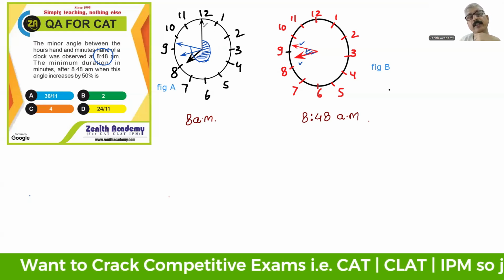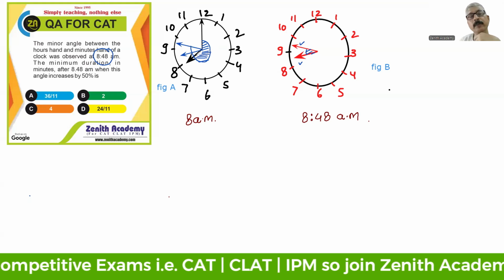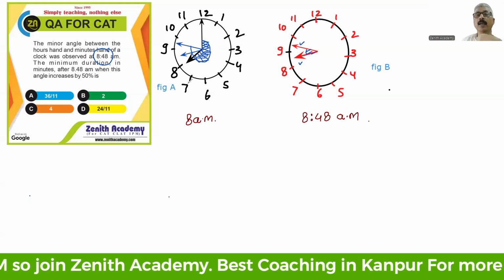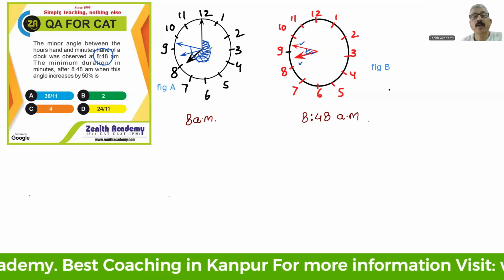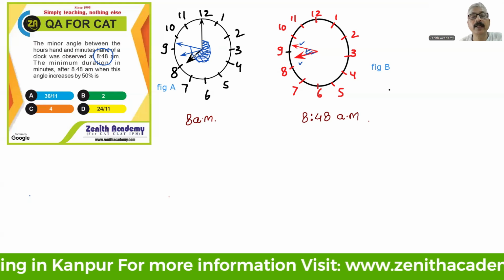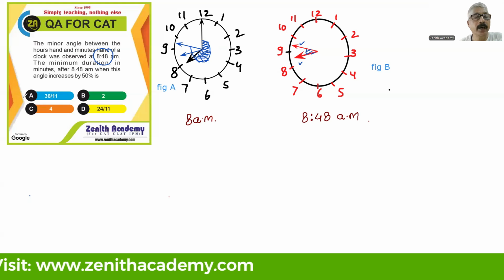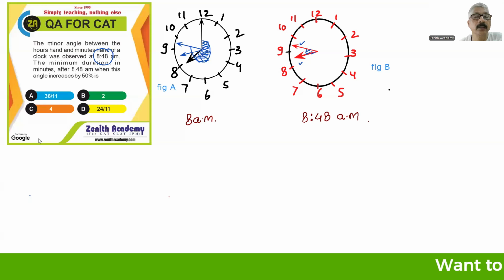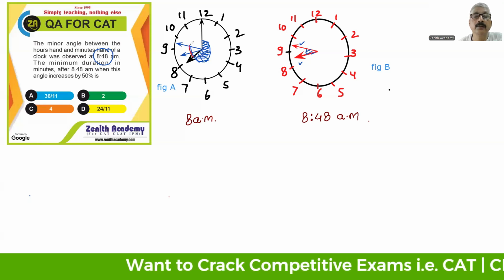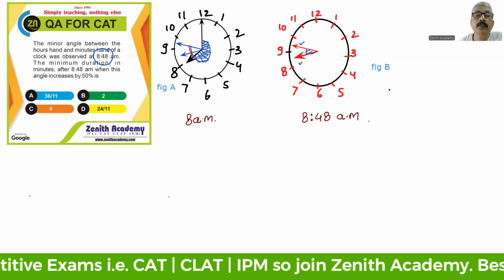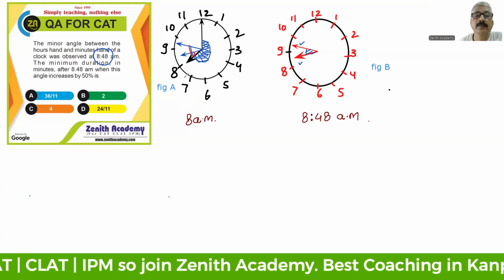Both of them are 40 minute space apart when the time was 8. Correct? Now, from figure 8, the minute hand moves to this position, and the hour hand moves this from figure 8.